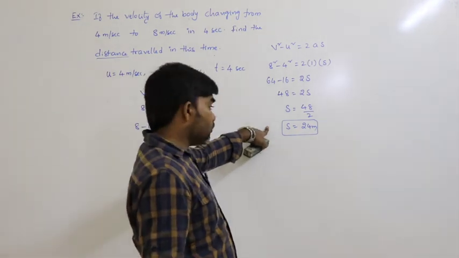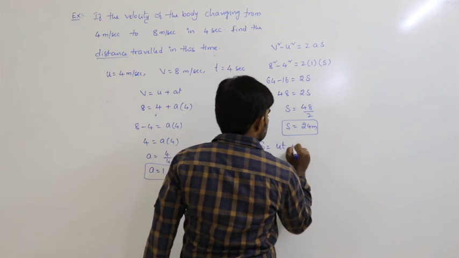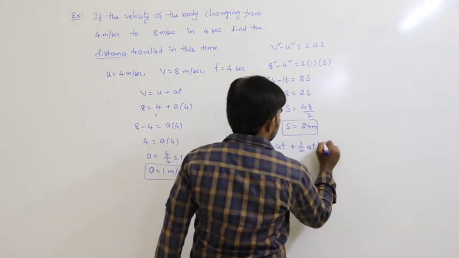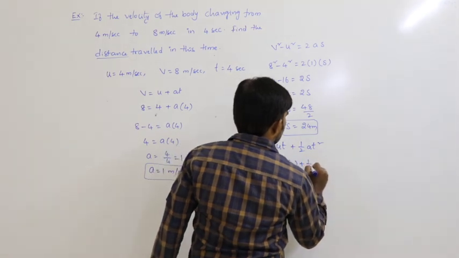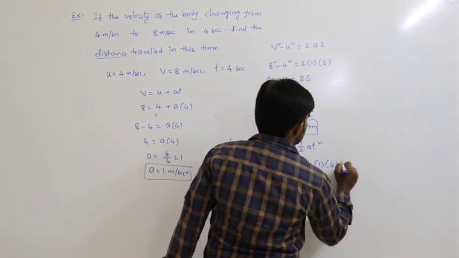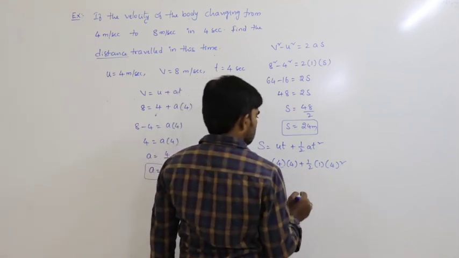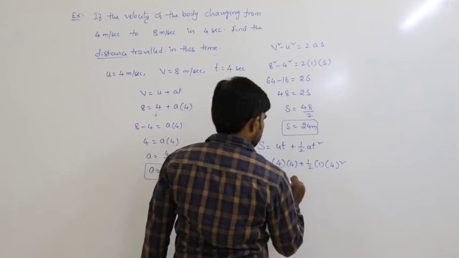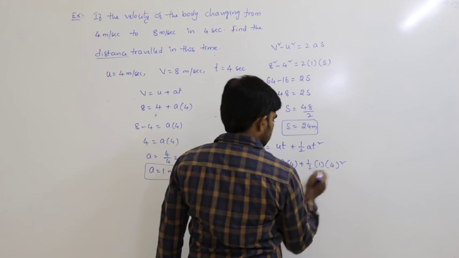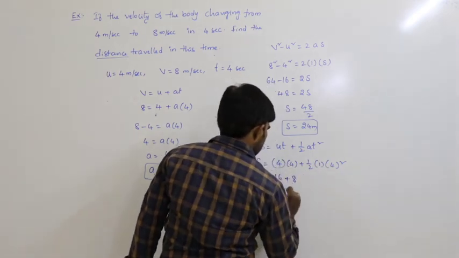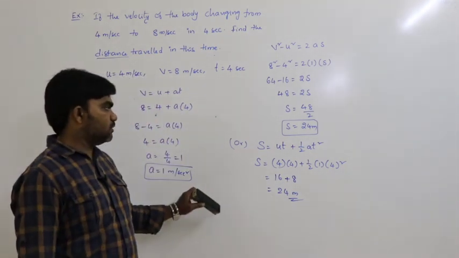This is one way. Or we can use s equals ut plus half at square. u is 4, t is 4, half a is 1, again t square is 16. So 16 plus 16 by 2, which is 8, gives 24 meters.